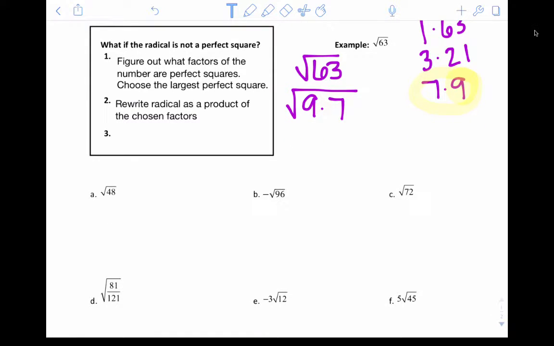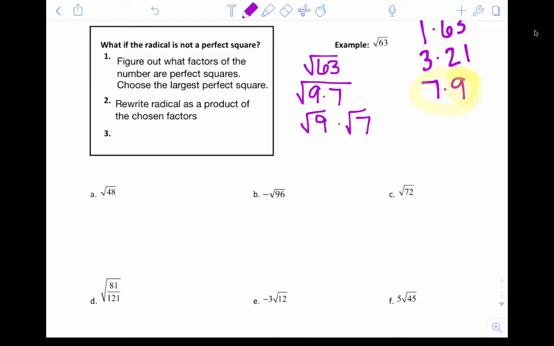So I rewrote the square root of 63 as a product of the factors that I chose. Moving on to our third step, I'm now going to separate this. I'm going to write it as square root of 9 times square root of 7, and then I can simplify.